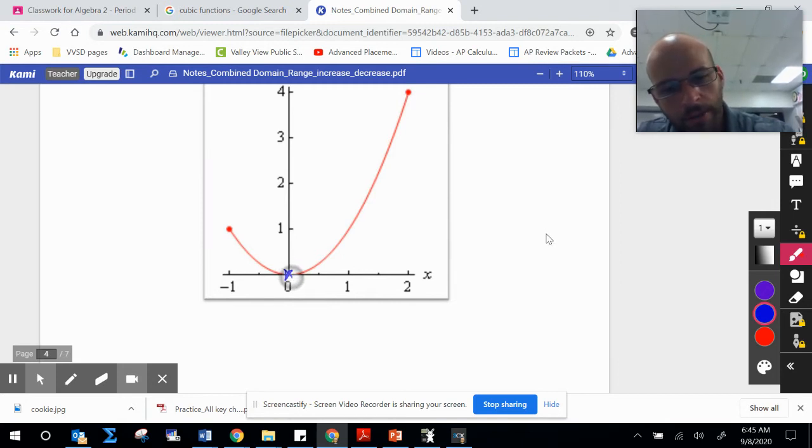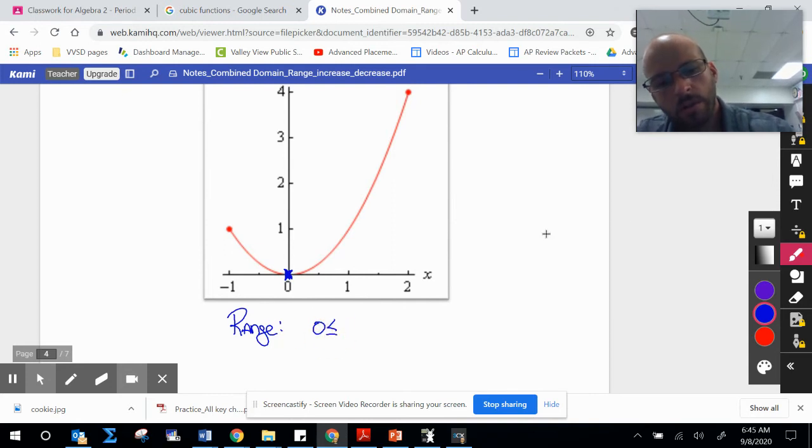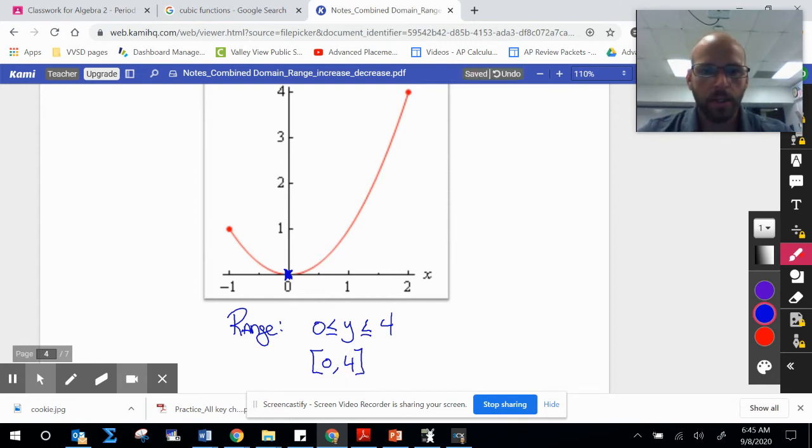Again, the minimum value is going to go from 0 y all the way up to 4. So you can say from 0 to 4. Okay? So the lowest, the bottom of your graph, all the way to the top.